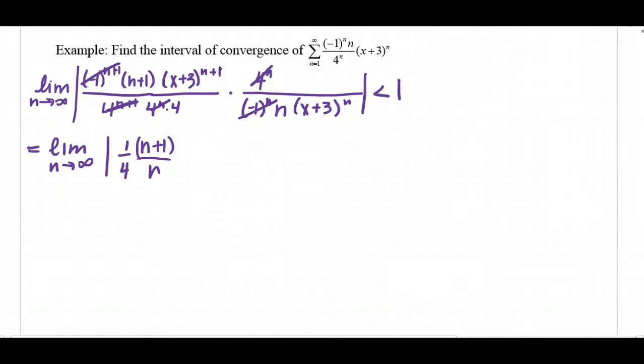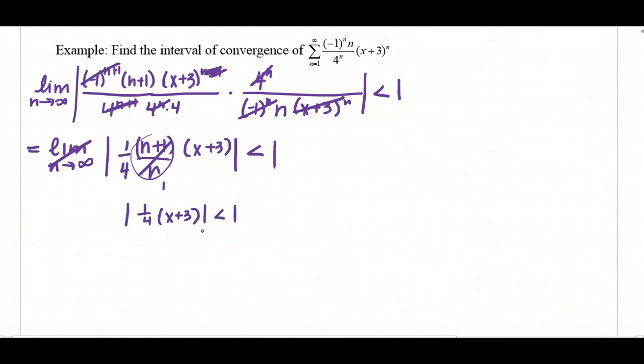And the (x + 3)^(n+1) and (x + 3)^n will cancel, and I just have an x + 3 in the numerator, and that has to be less than 1. So as n approaches infinity, this quantity is going to go to 1. So what I have is 1/4 times the absolute value of x + 3 has to be less than 1.